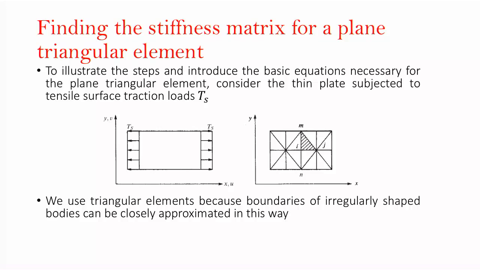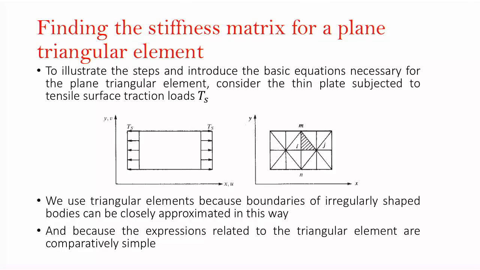In these cases, we can go for the triangular one. The second reason is that the equations are much simpler compared to the quadrilateral element. So it depends on the situation. If the problem is not that complex and the shape is not irregular, we can go for triangular elements.